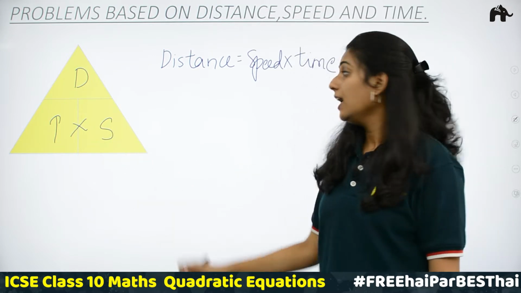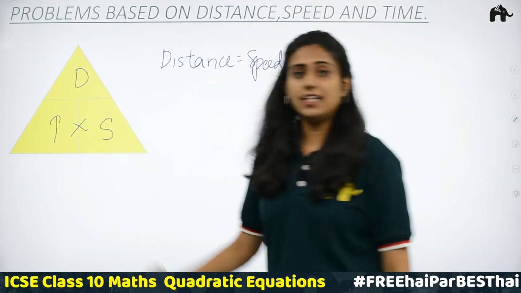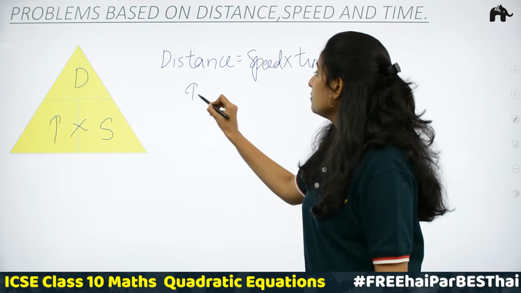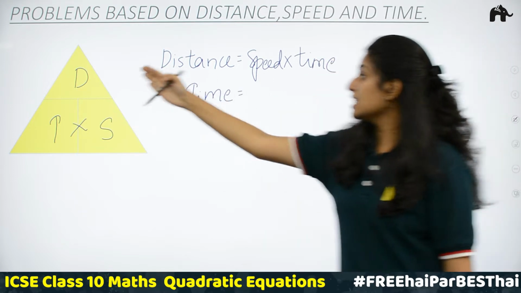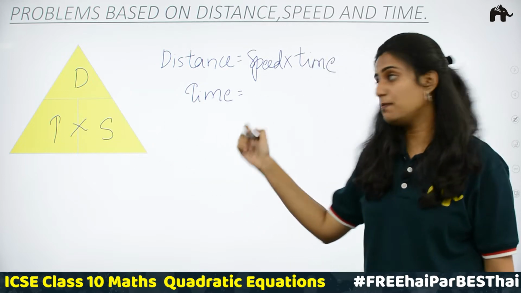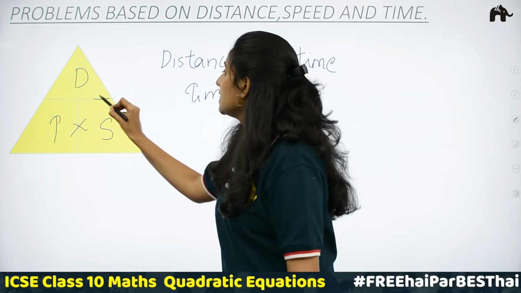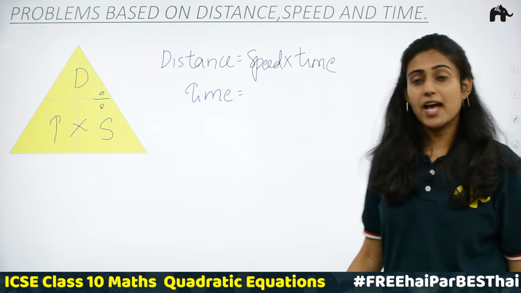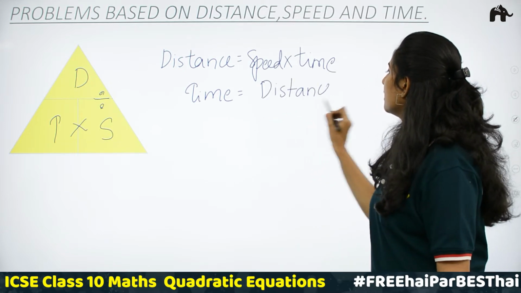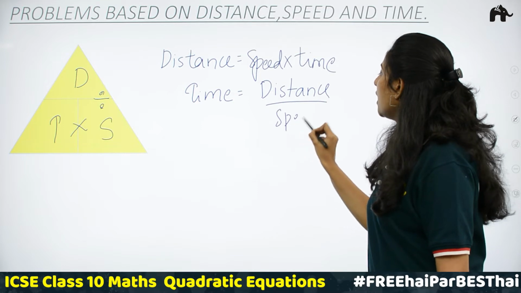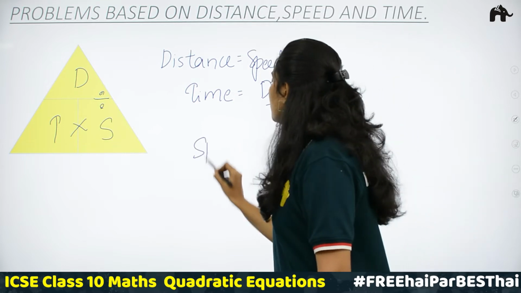Multiplication. Now, if we need to find time, what is time from this? Time is equal to distance divided by speed. What about speed?